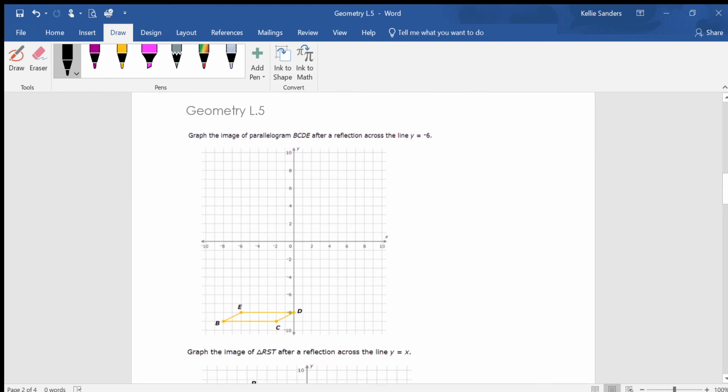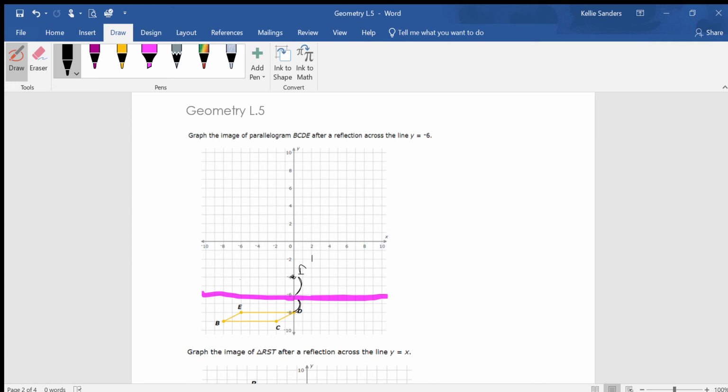Okay. Y equals -6 is right here. And so D is 2 units from the purple, so we're going to go 2 units above the purple, which would be right there, D prime.